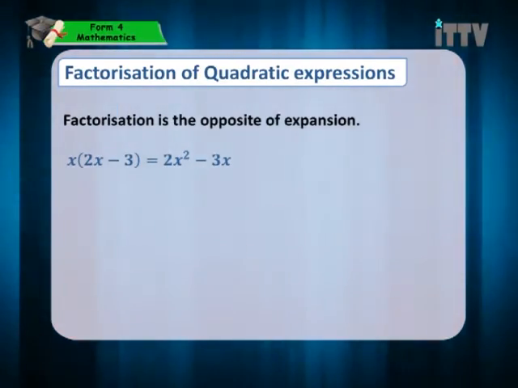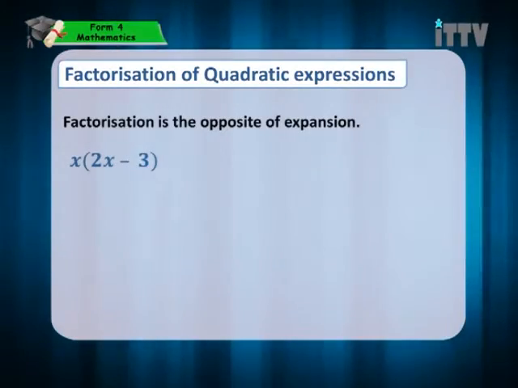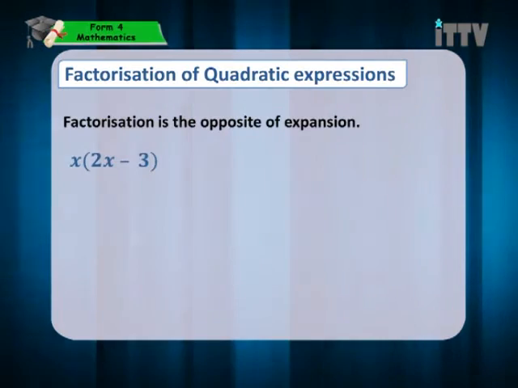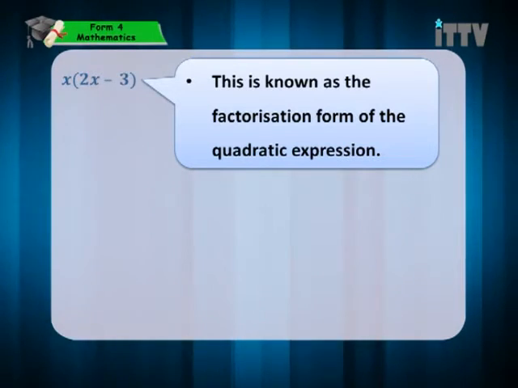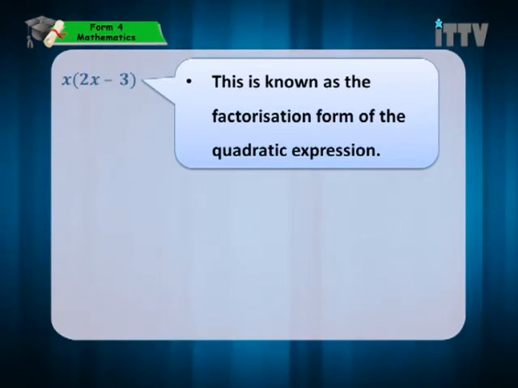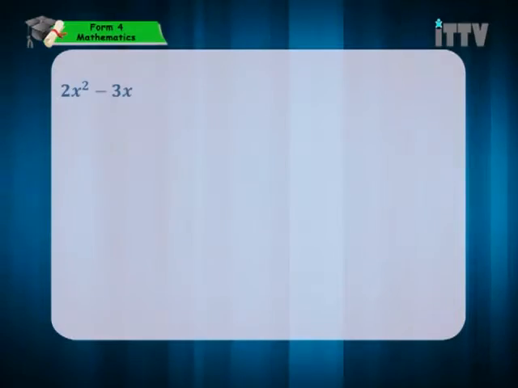Alright, let's look at the right and left hand side of this equation. Let's take x and 2x minus 3. This is actually known as the factorization form of the quadratic expression. The factorization form is when the two linear expressions have yet to be multiplied or expanded to form a quadratic expression.